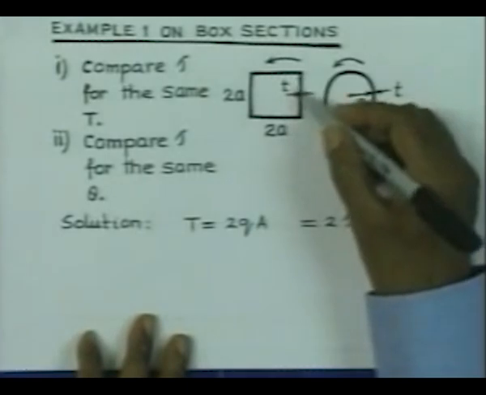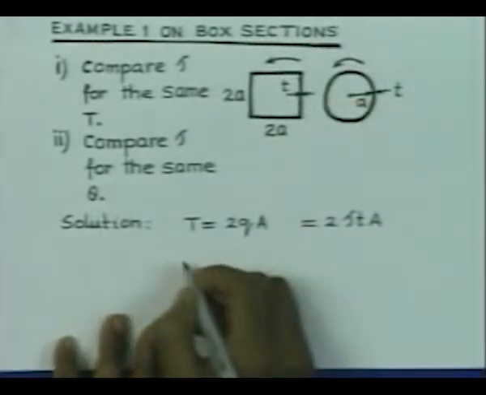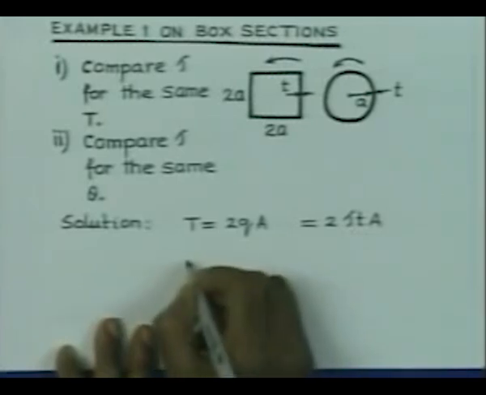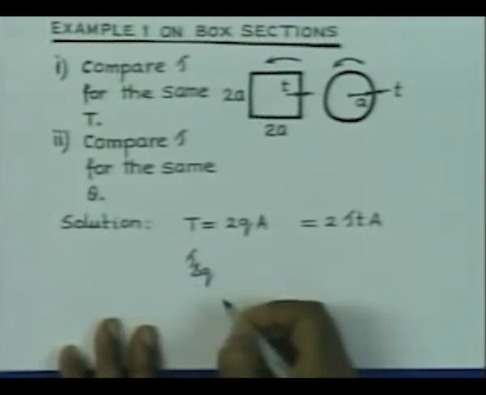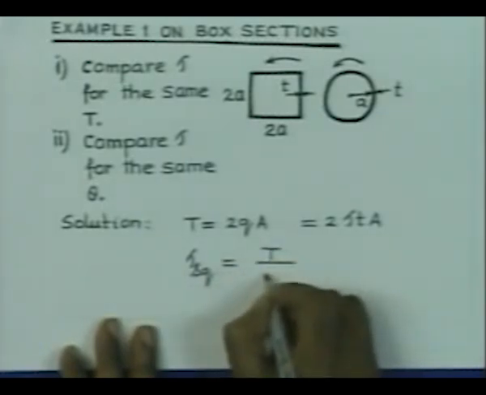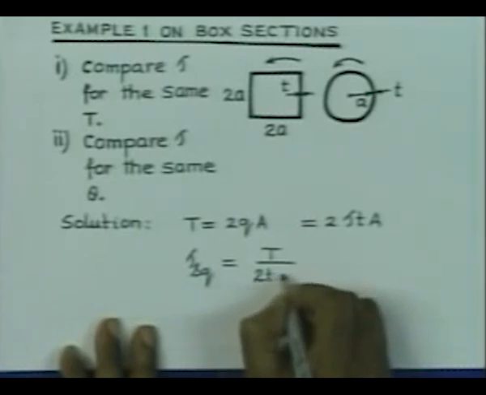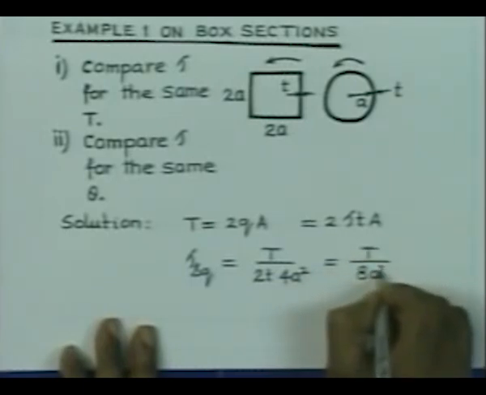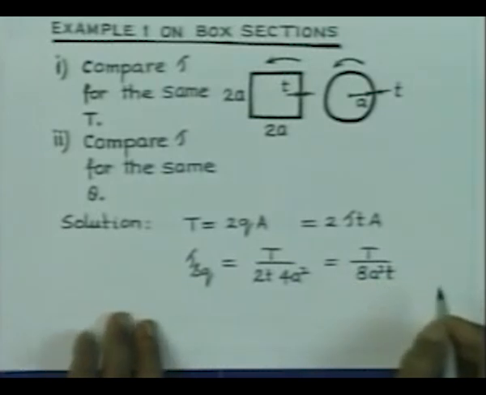Here in this case it is going to be 4a square, and the stress we will indicate by tau square. So, tau square is nothing but T by 2 into t and area is 4a square. So, it is going to be T by 8 a square t.